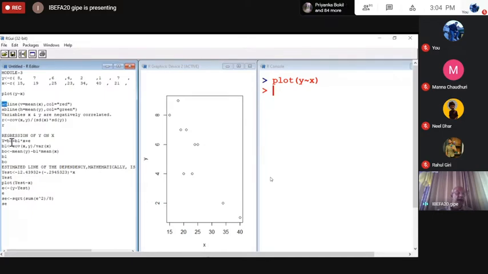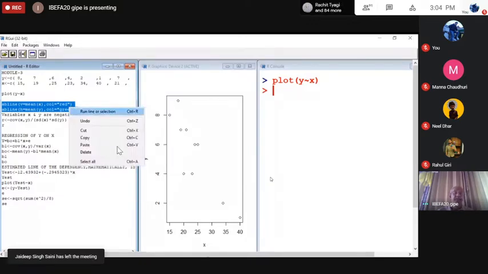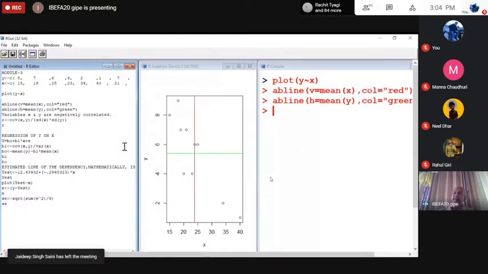I plotted the arithmetic mean and comment. The red line will be a straight vertical line denoted by the mean of the horizontal axis. That is mean of x. And the horizontal line will be the mean of y.